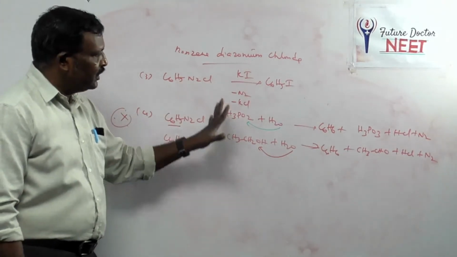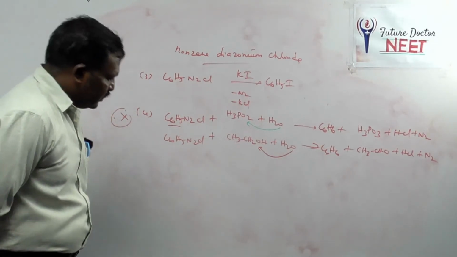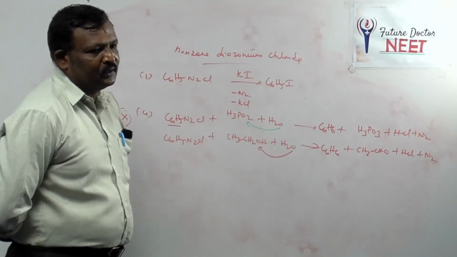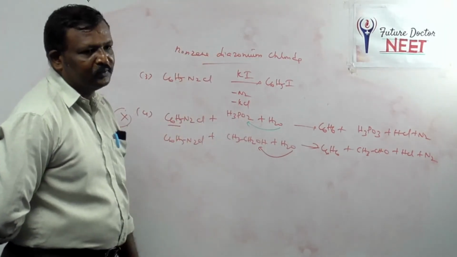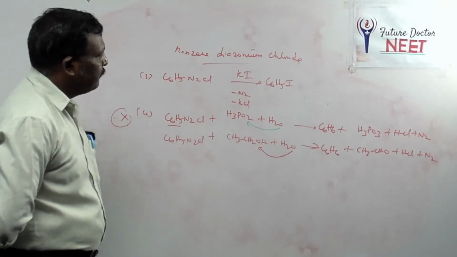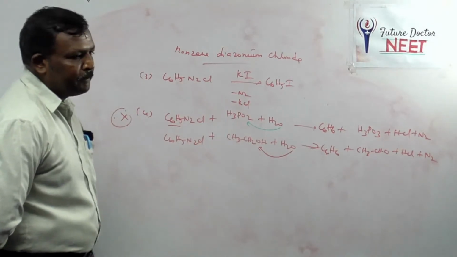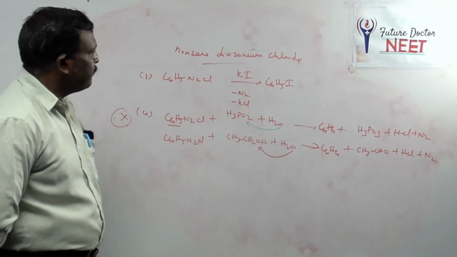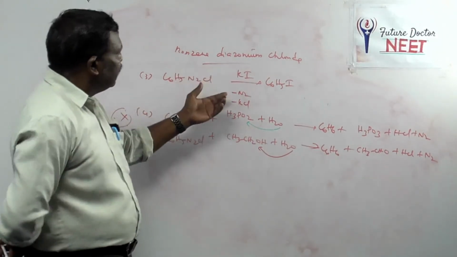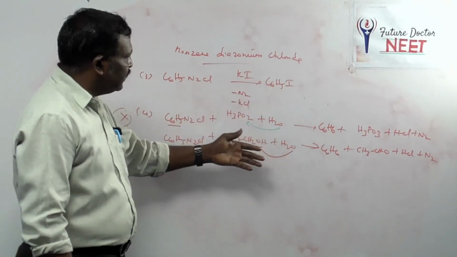We have only three naming reactions in chemical properties. Very important compounds we can get: chlorobenzene, bromobenzene, iodobenzene, fluorobenzene, benzene.